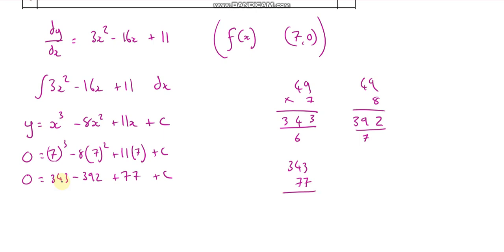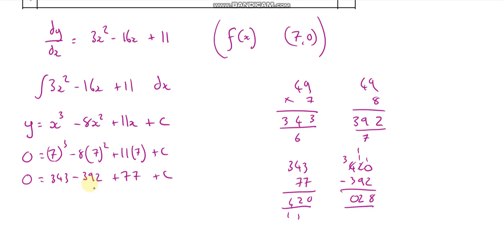So I've got 343 plus 77, which is 420. I'm going to take away 392. So borrow, it's going to be 8, borrow again, it's going to be 2, and 0, so 28.